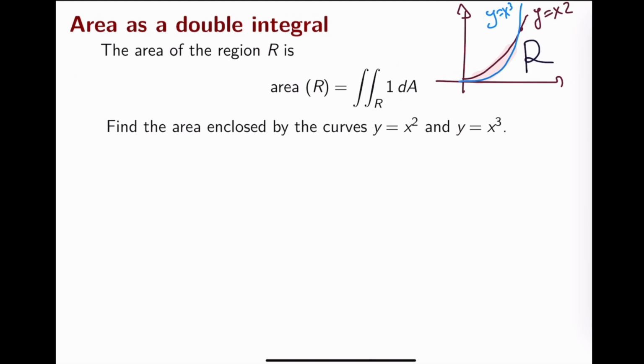This is the region R, so let's decide if it's type 1 or type 2. So let's say that if we consider the variation of x between 0 and 1, we have the description as this region varies between 0 and 1, and then the variation of y, if we consider here a vertical line, will vary between this function and this function.